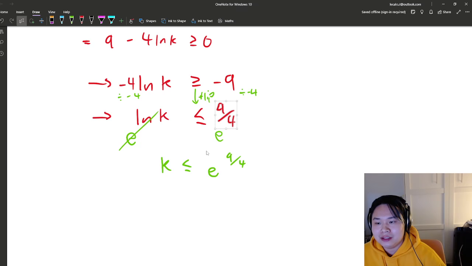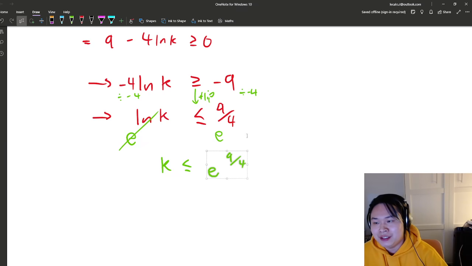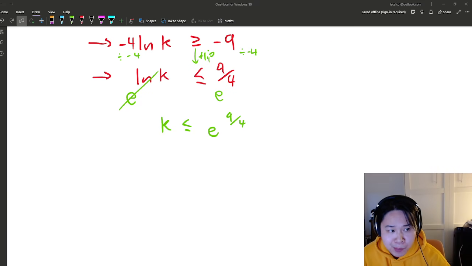Anyways, just raise both sides to the power of e if you don't understand how this represents an exponent. I spent too long trying to explain this.